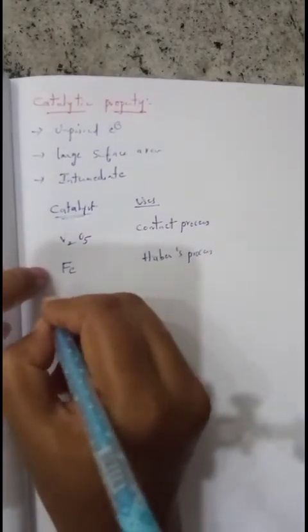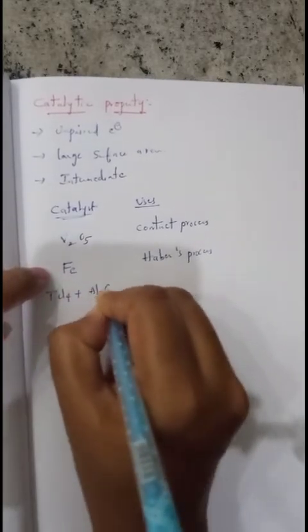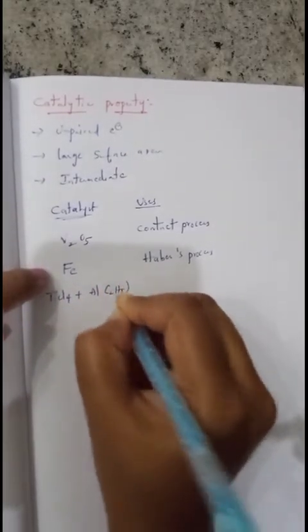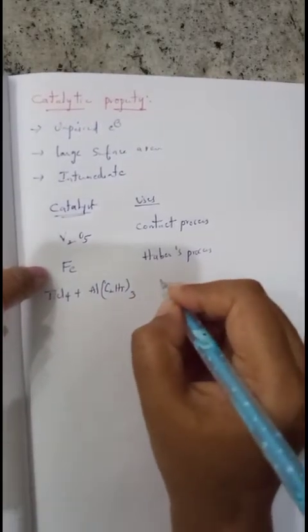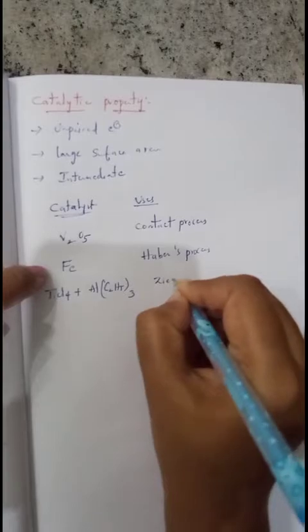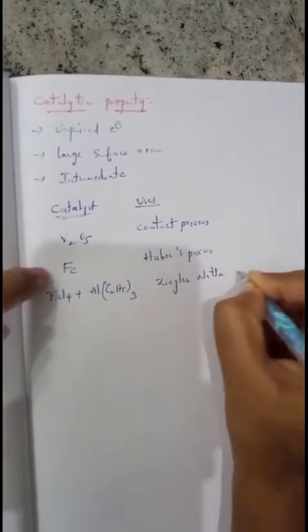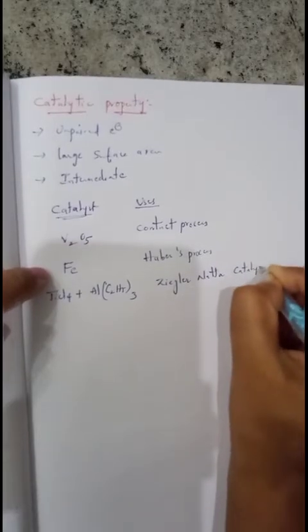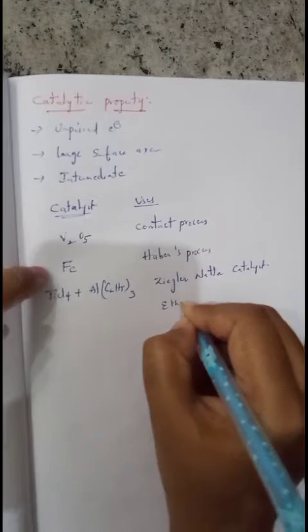Next, titanium tetrachloride and Al(C2H5)3, taken together, are used as a Ziegler-Natta catalyst in the polymerization of ethylene.